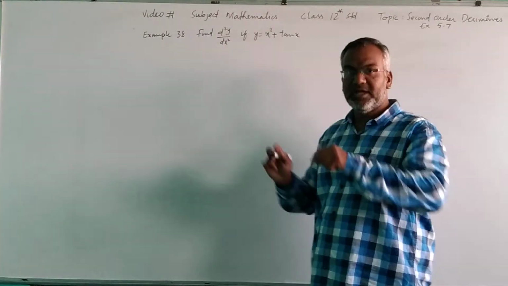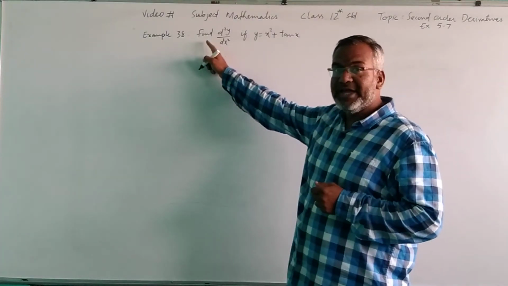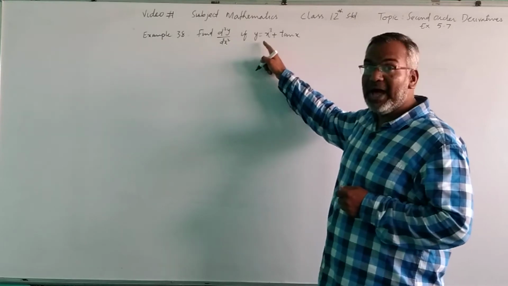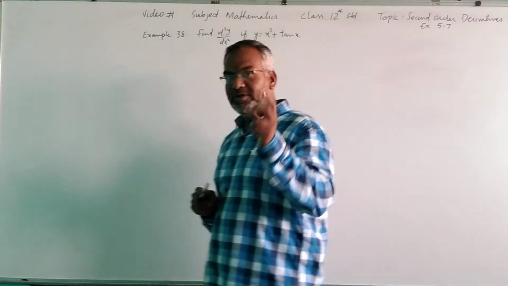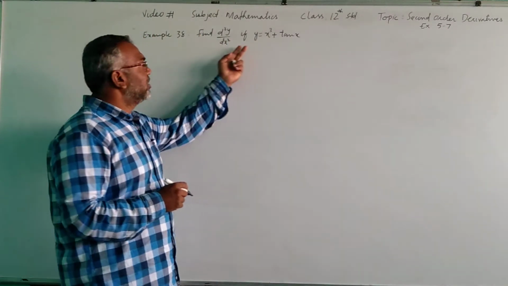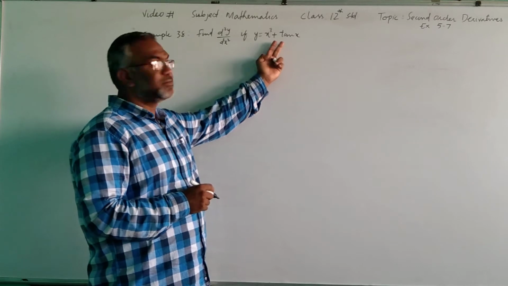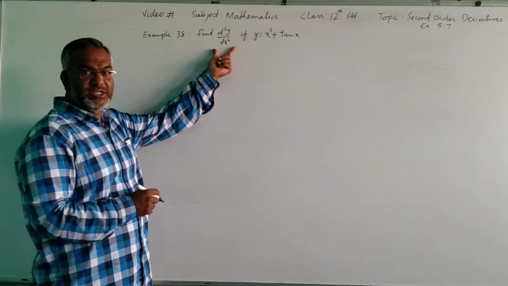Example number 38 is there before exercise 5.7. Question is, find d square y by dx square if y is equal to x cube plus tan x. A function is given, y is equal to x cube plus tan x. We have to find the second order derivative.